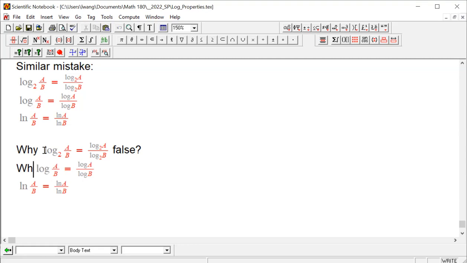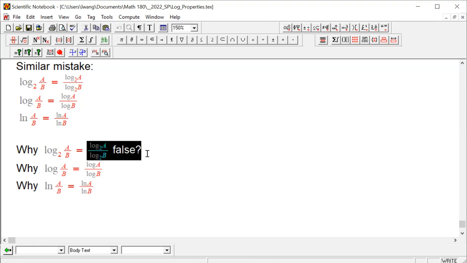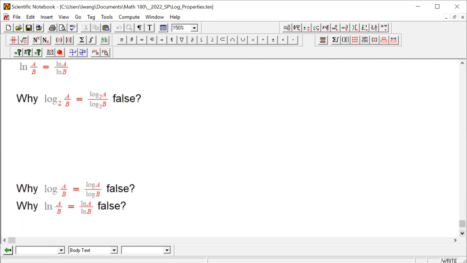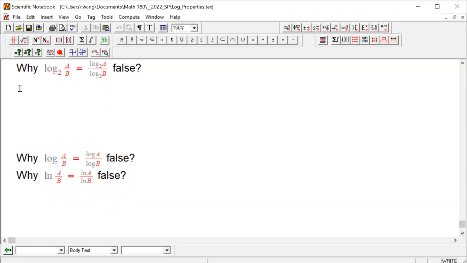So in each case, we're going to find some counterexamples to show that it is false. We need to know when it is false once. So we do it one by one. Feel free to create your own.